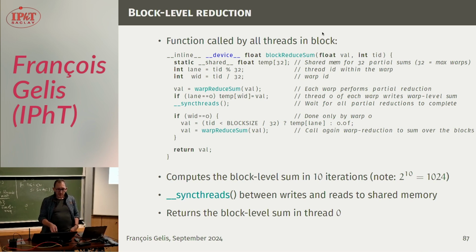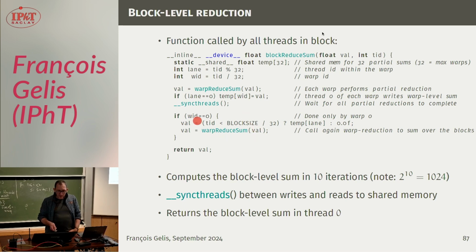This is the part where you write to shared memory, and in the second part of this function, we will read back these values. But we need a sync threads between the two, because it's not the same threads who will do the reading as the threads who did the writing. So you need this synchronization barrier in between.